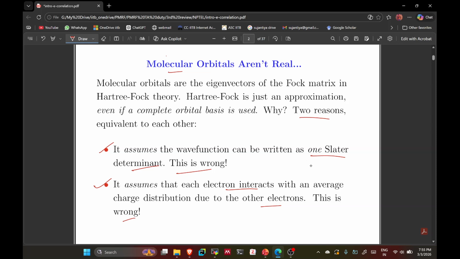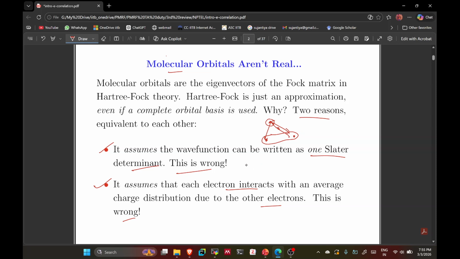So if there are three electrons, this electron actually sees the average electron cloud from these two electrons. But in the real picture, the interaction is between this electron and that electron.